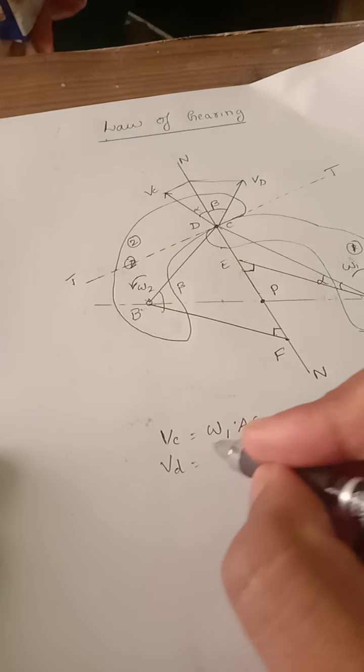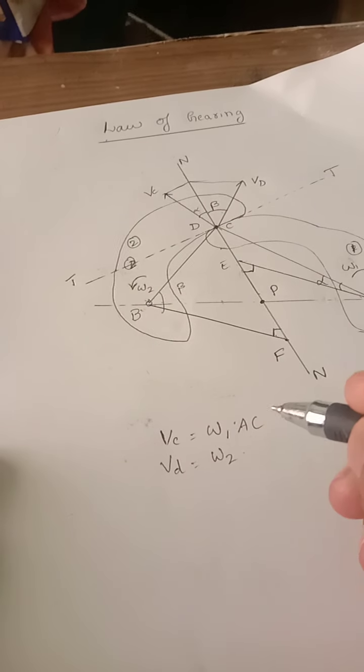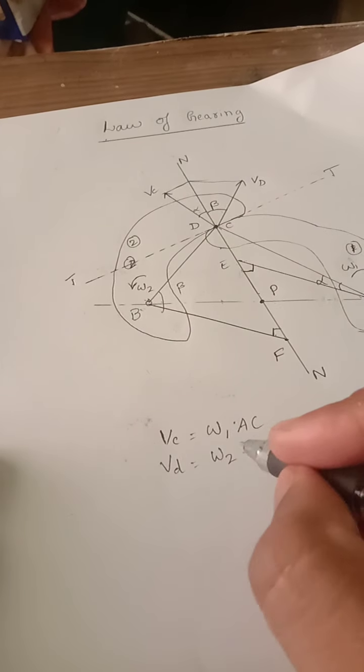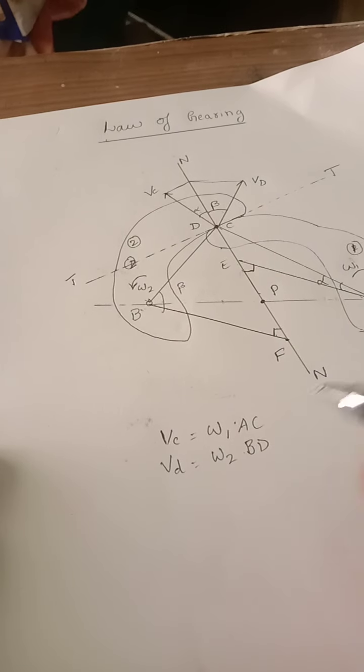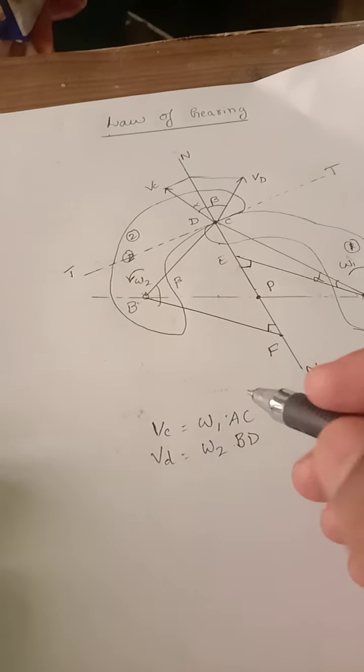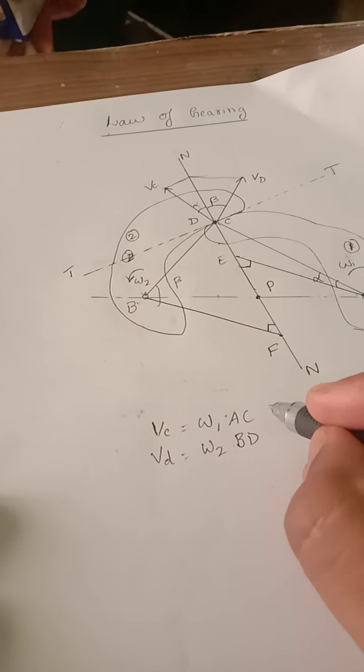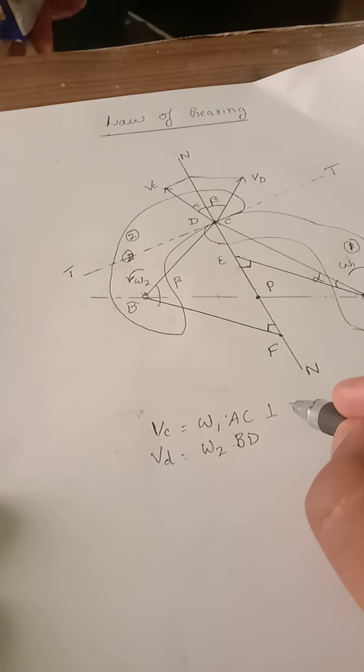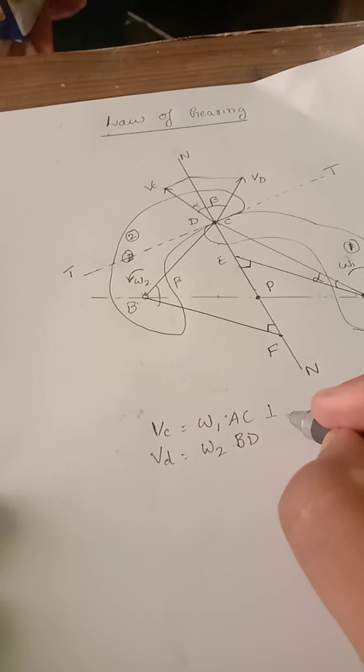Similarly, we can write VD is equal to omega 2 into BD. So these are the velocities, and this is acting perpendicular to AC.